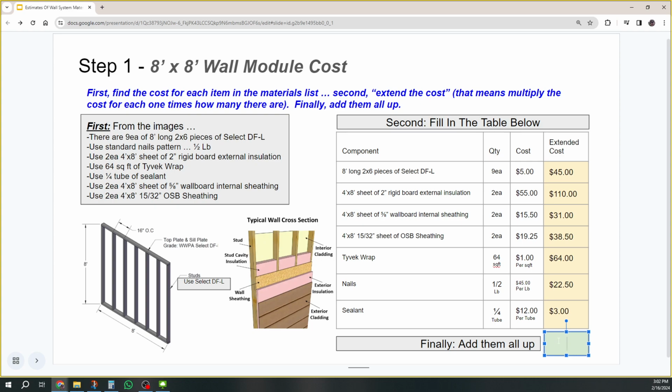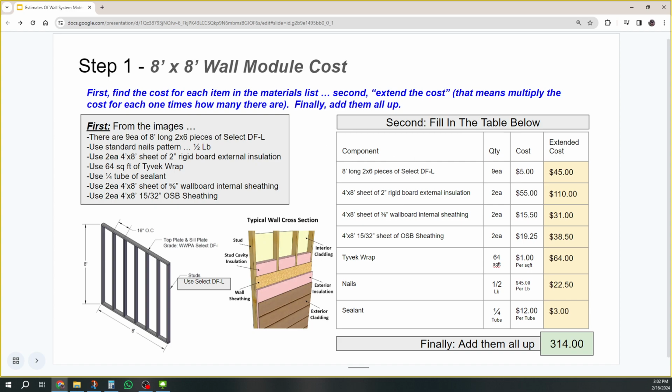So each time I have to use a module, it's going to be $314. I'm going to squeeze that out a little bit more so it fits a little better. There we go. So that's the cost for a wall module.